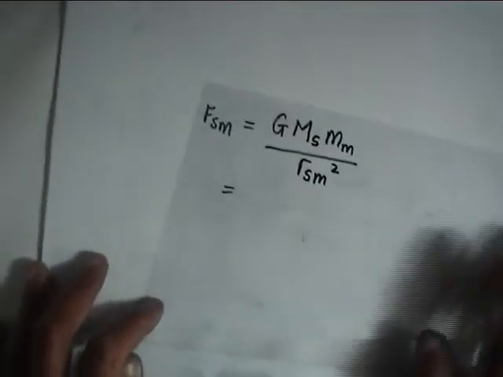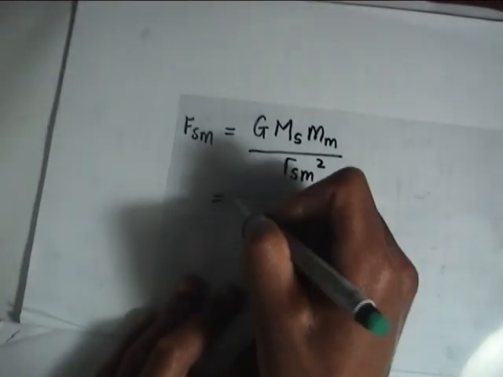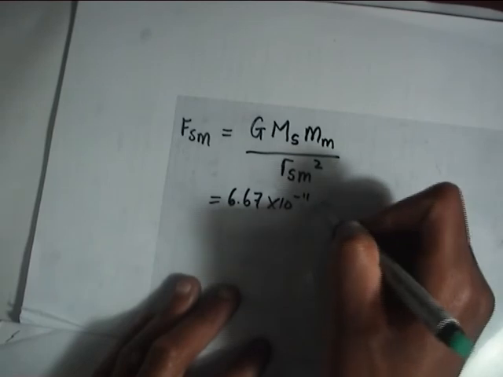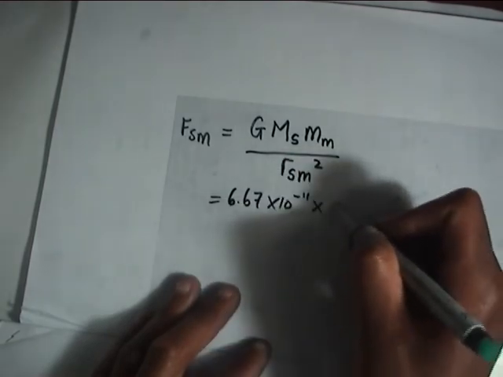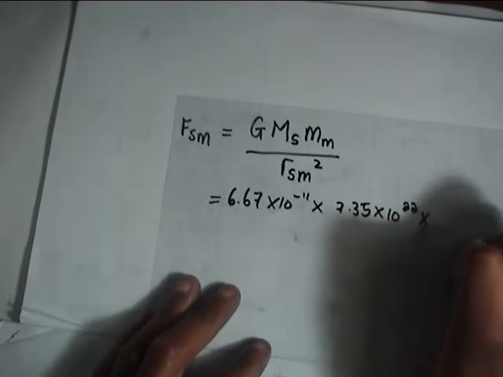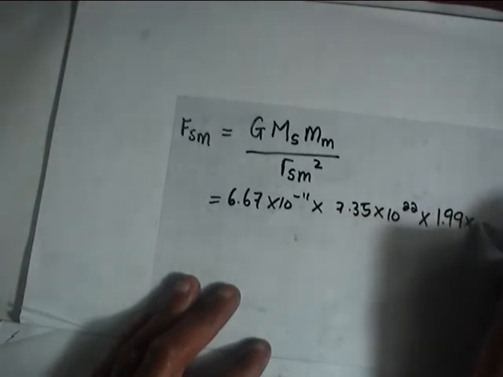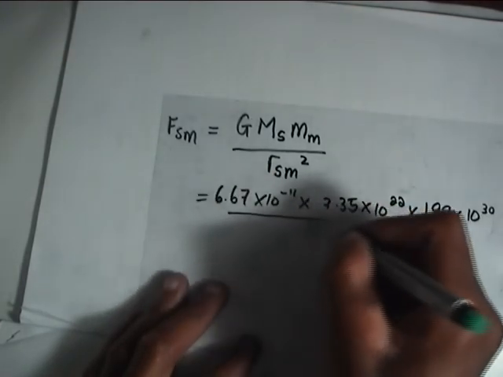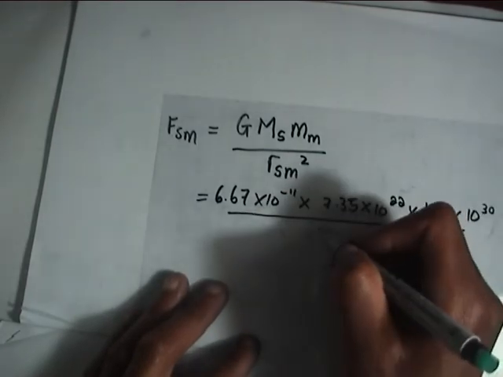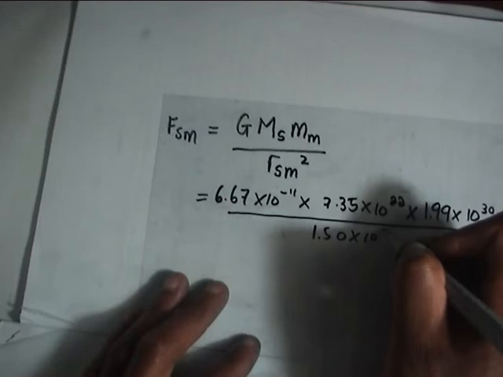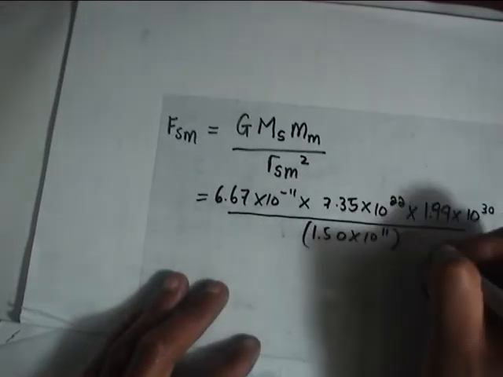Putting the respective values, this one will be 6.67 times 10 to the power of minus 11 multiplied by 7.35 times 10 to the power of 22 multiplied by 1.99 times 10 to the power of 30, all over 1.50 times 10 to the power of 11, squared.